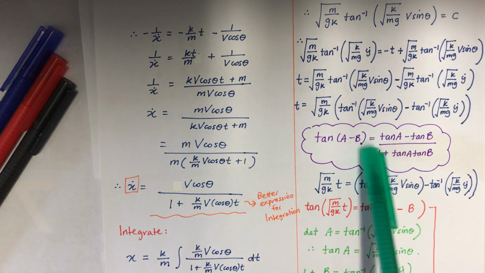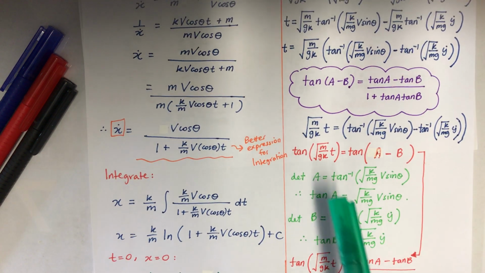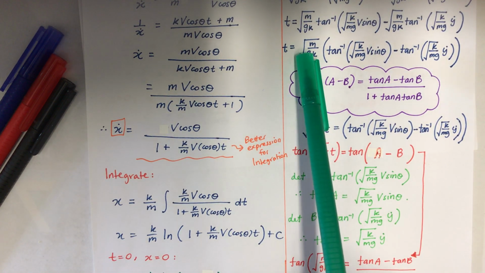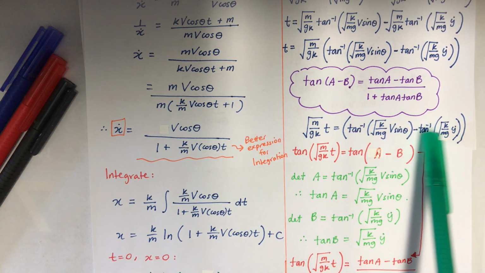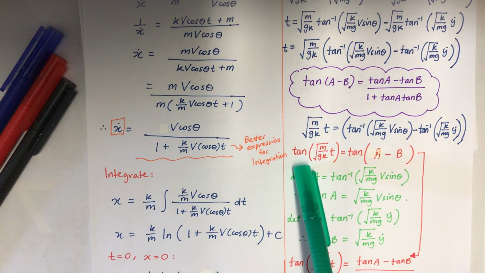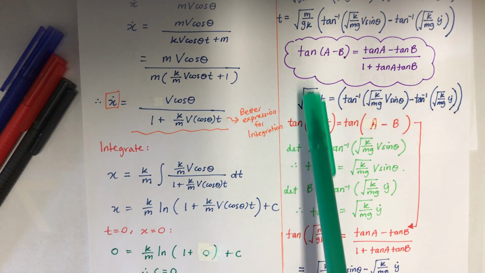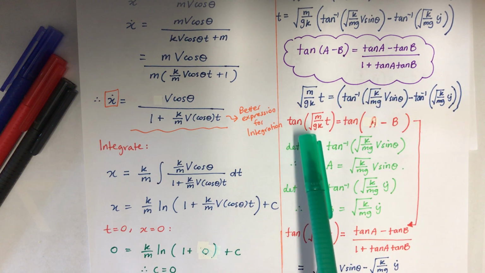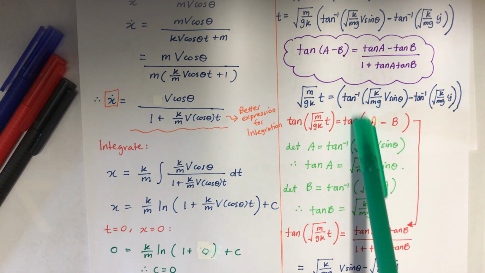So it's a tan, so that's what I'm going to use. And then I'm just going to move this one to the front, and then I'm going to take the tangent on both sides. So then I'll get tan equals tan(a minus b).